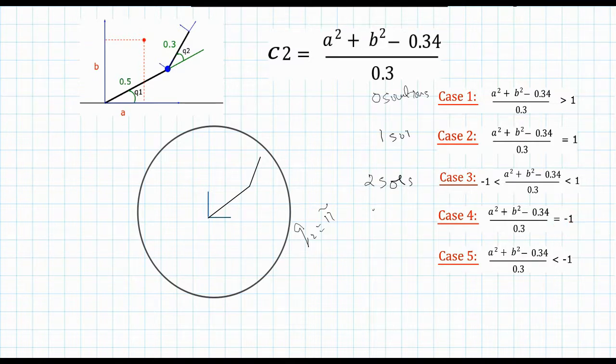So this means that Q2 equals pi, and again we are going to have a single possible solution. Only one solution exists now, which we get by getting the cosine and the sine. So in this case, we end up once again with just one solution.